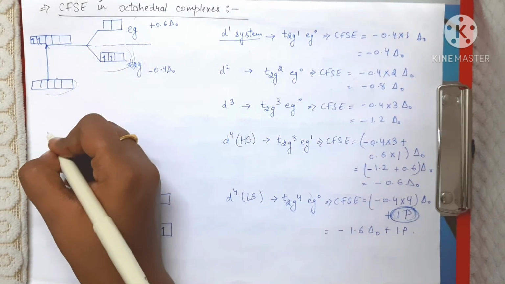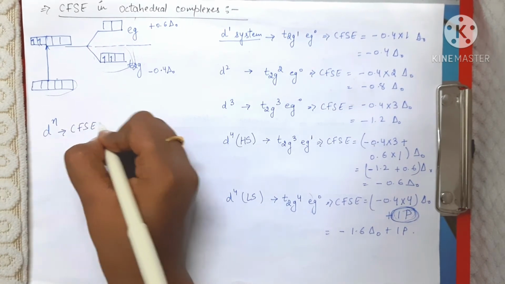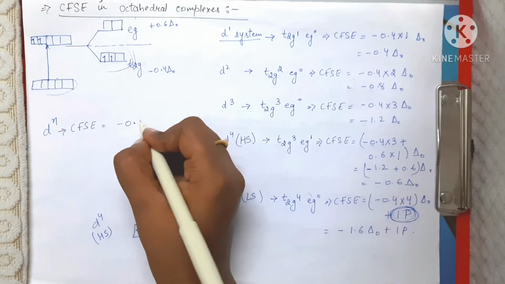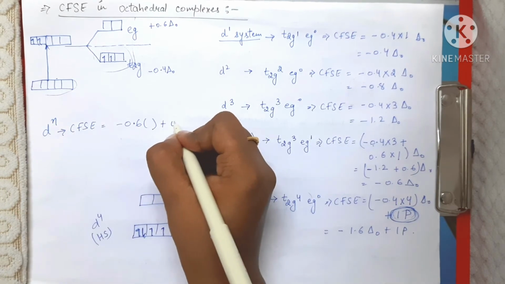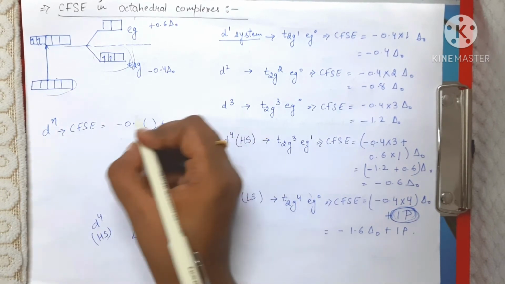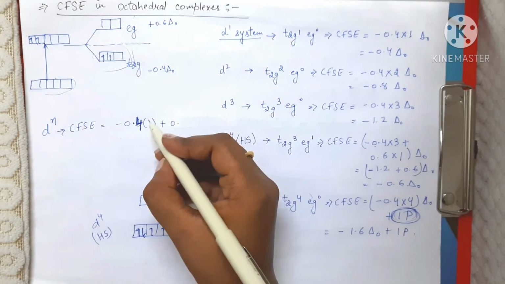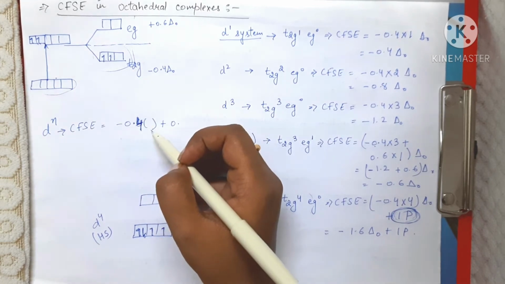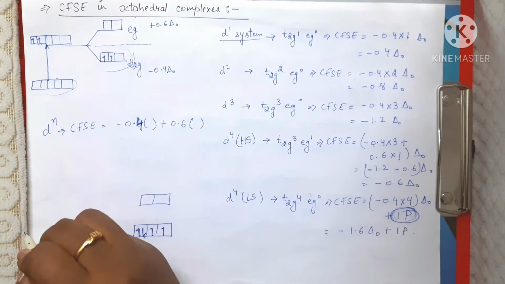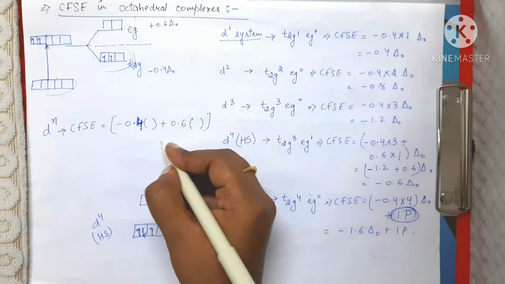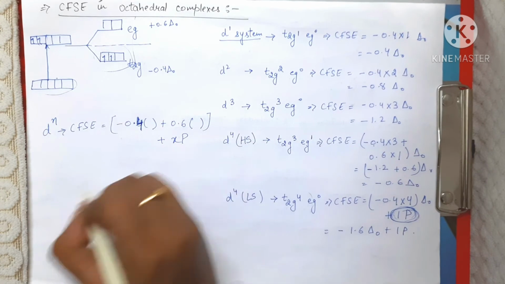So in general, for a dn system, if you want to calculate CFSE, what you have to do is minus 0.4 into the number of electrons present in the t2g orbitals, plus 0.6 into the number of electrons present in the eg orbitals, plus, if there has been any pairing, xP.